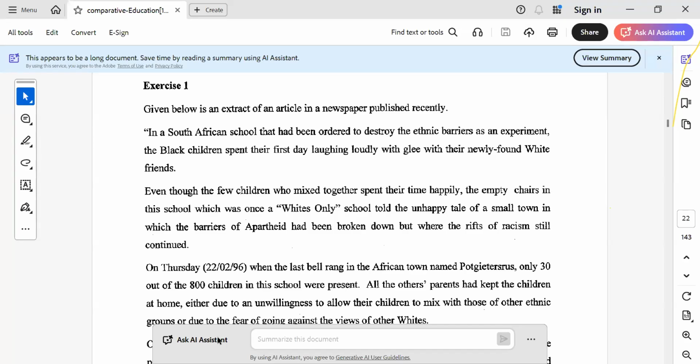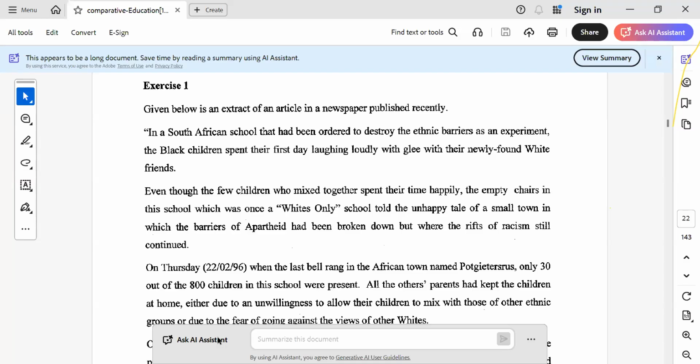So earlier, the school was a white school, right? Only white students were there. Now the state admitted black students also, and the black students are willing to be with the white students.